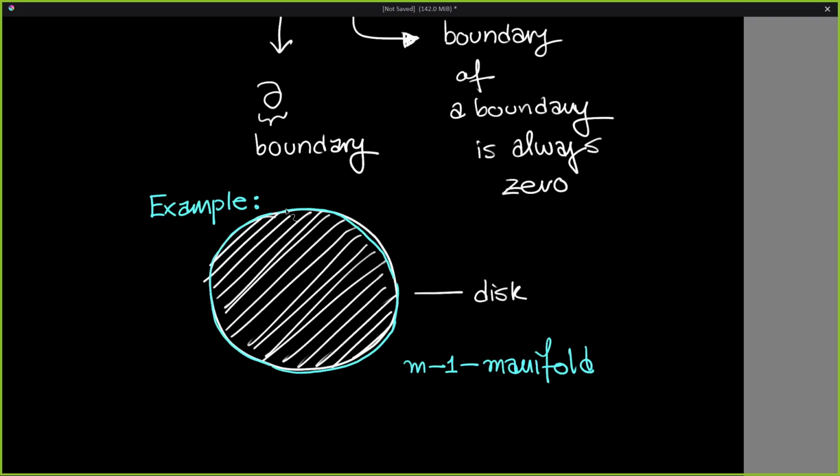The fact that this geometric condition is so fundamental to geometry corresponds to the fact that d square is equal to 0 is required to even ask the question of what are my de Rham cohomology groups.